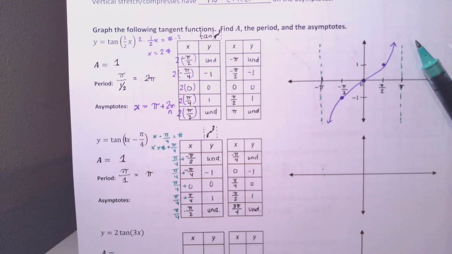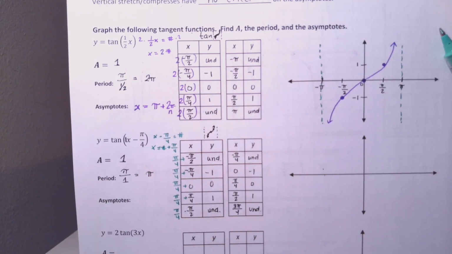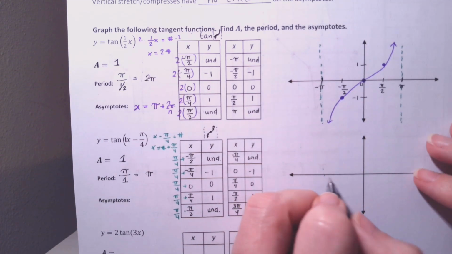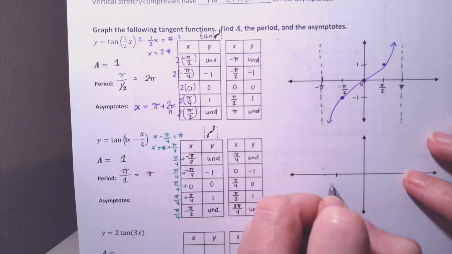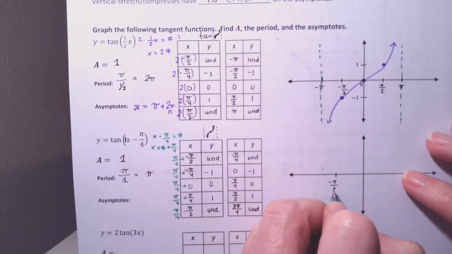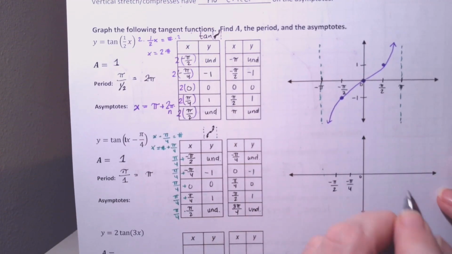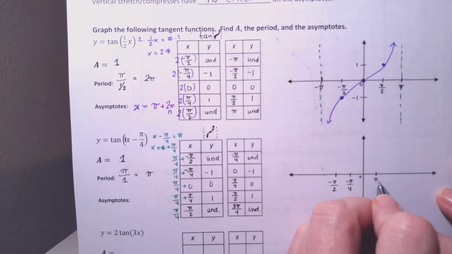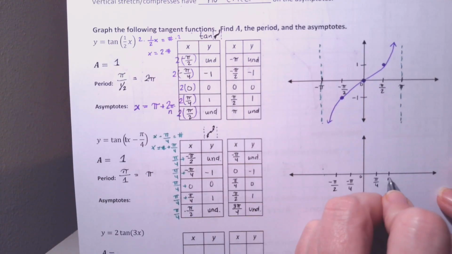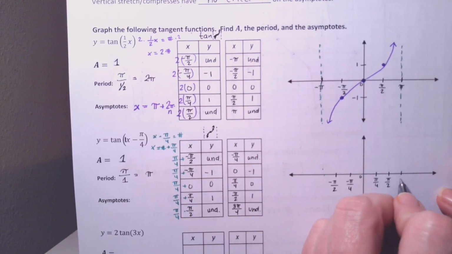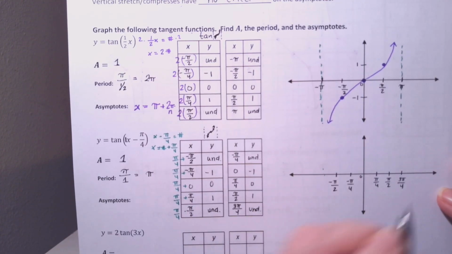And then looking at how I need to adjust my scale, looks like we need to go by pi over 4s. So if we call this negative pi over 2, then this would be negative pi over 4, 0, positive pi over 4, positive pi over 2, and then 3 pi over 4.